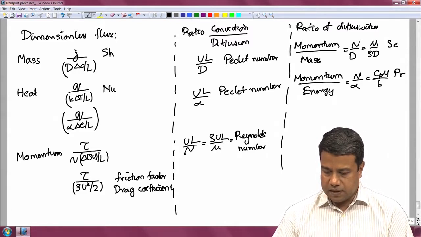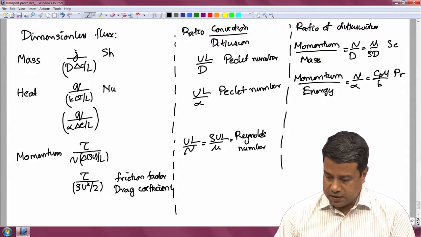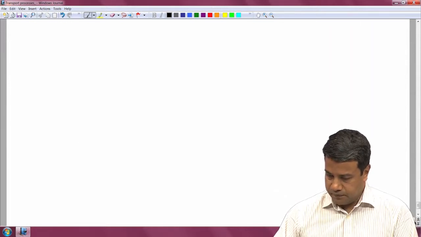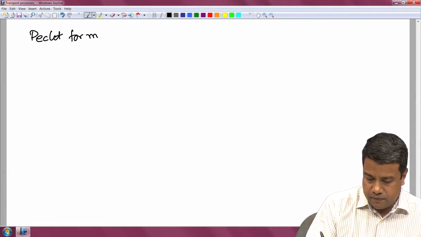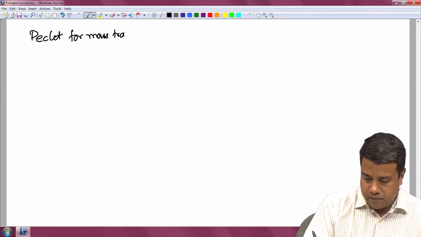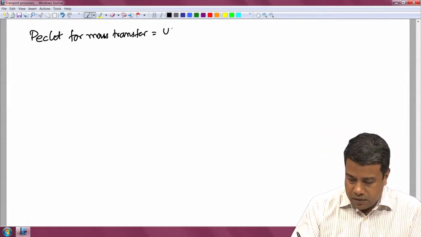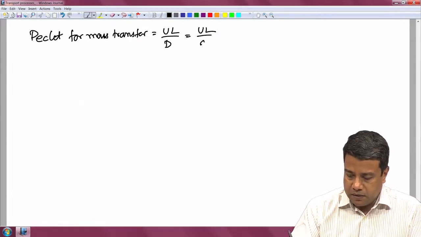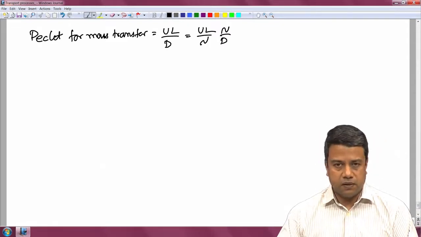So, for example, the Peclet number for mass transfer will be equal to UL by D. I can write it as UL by nu into nu by D. You can see that nu and nu cancels out.